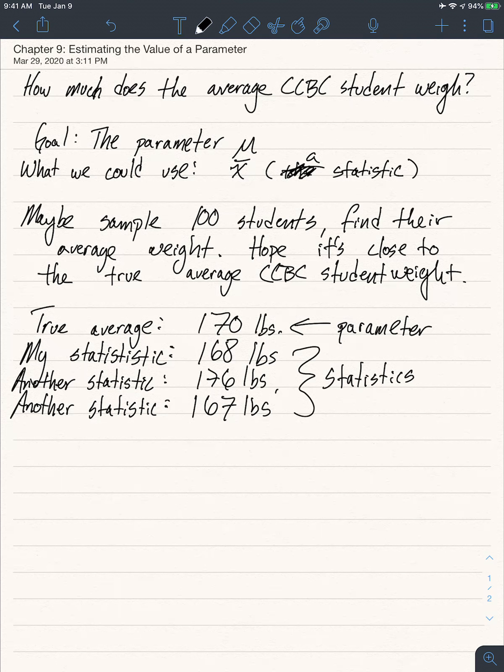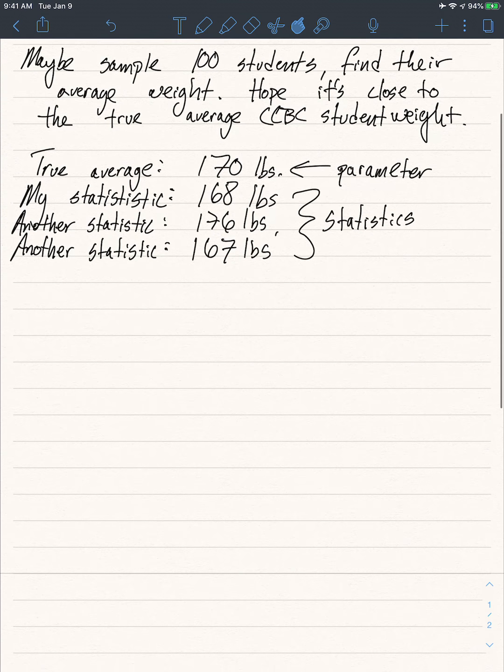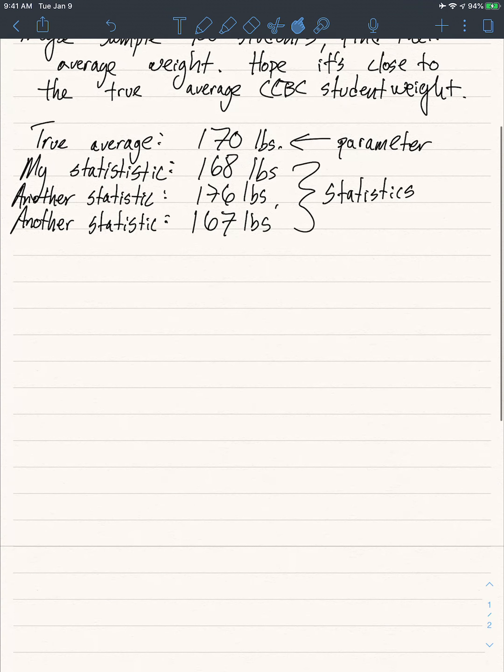We wanted to know the value of the parameter, but a lot of times it's either too expensive or too difficult to find, so we go to the statistics and see what they say. And you can see 170 being the true value of the parameter would not be surprising, considering 3 different statisticians found 168, 176, 167. They're all kind of close to the parameter.